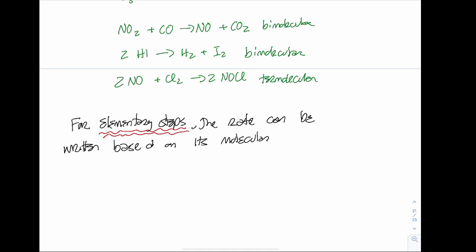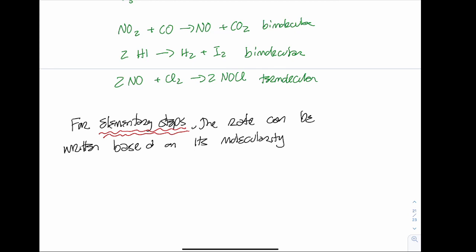Remember, our rate laws for our overall reaction, we can't do that, right? We could only get that experimentally. If I have my elementary steps, though, I can write a rate law for each of those individual steps. Right? Remember, my rate laws tell me how fast it is. So each step has its own rate, right? The first step, second step, third step, I would have a rate law for all of those, plus I would have an overall rate law.